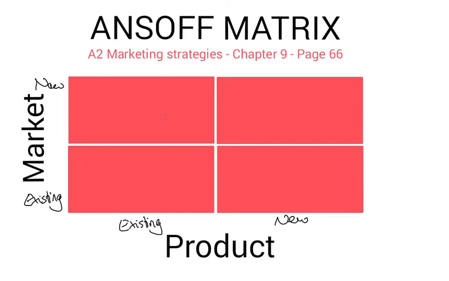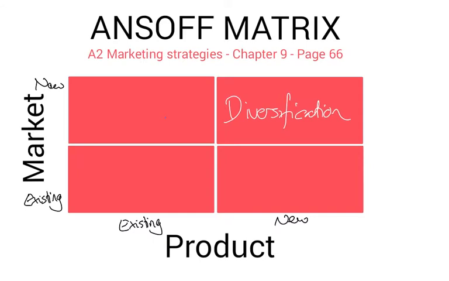Well, I suppose the most extreme version is for a business to take a new product into a new market, and we call that diversification. So if they're developing a new product and launching it into a new market for that business, that's called diversification.